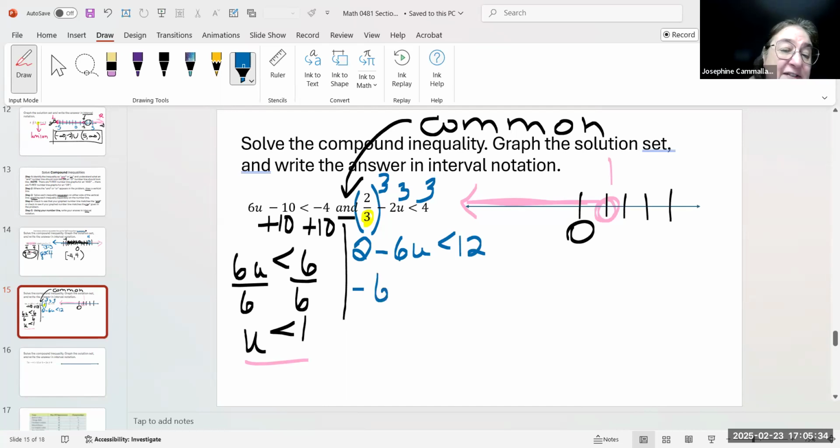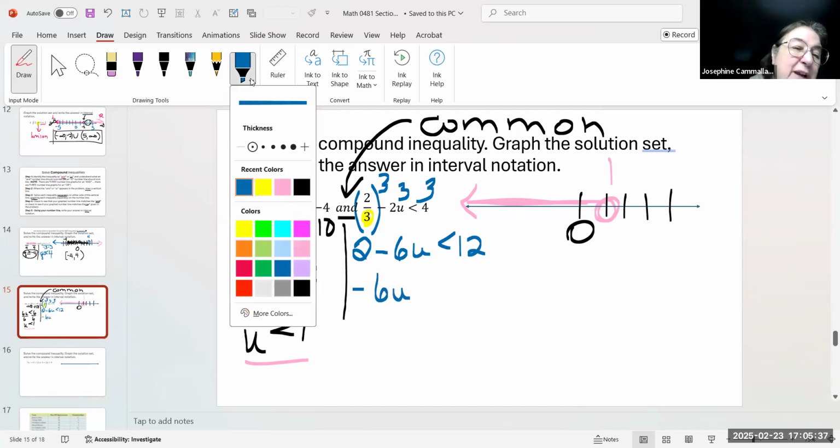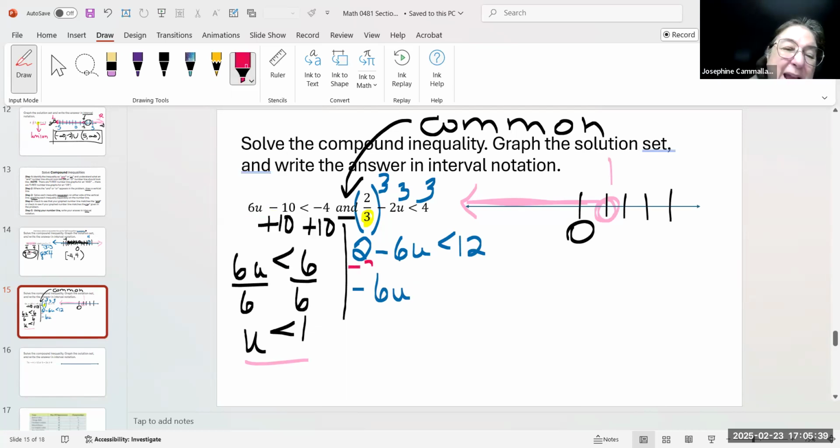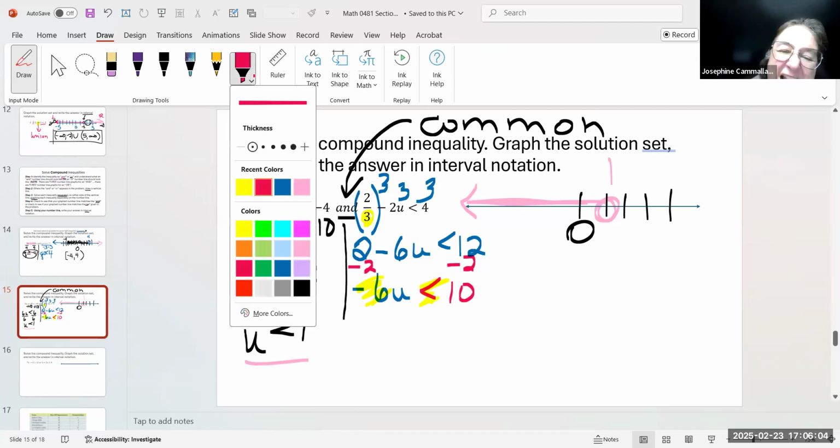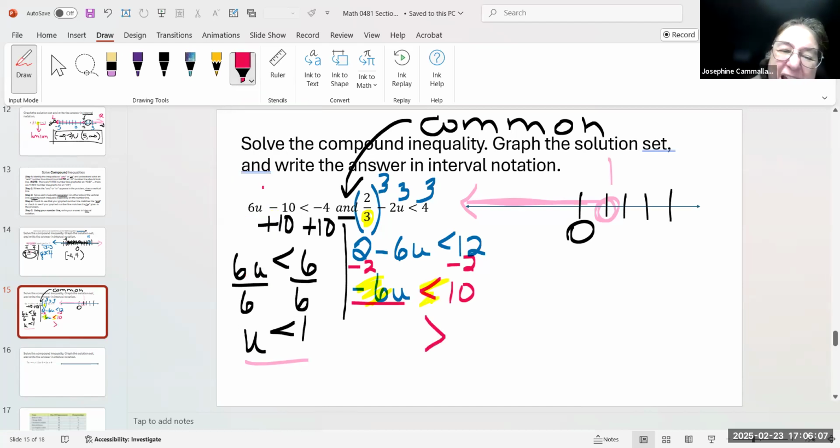Now I have a negative 6u, and don't forget, I'm subtracting 2. This gives me a positive 10. But be careful here, okay? It's got to be a positive coefficient, which means that this symbol has got to flip. I'm dividing by negative 6.